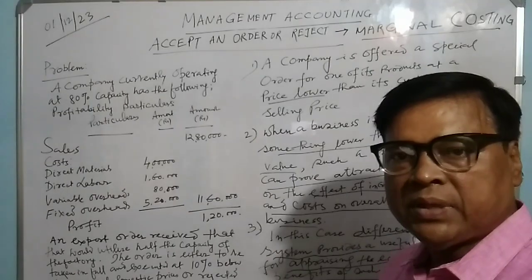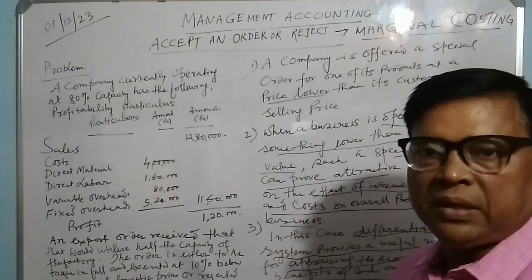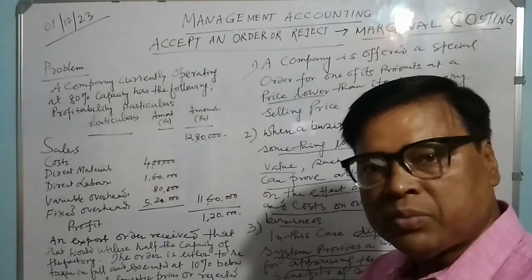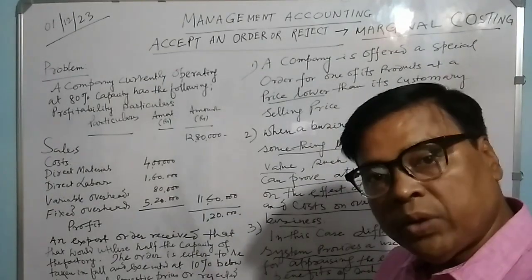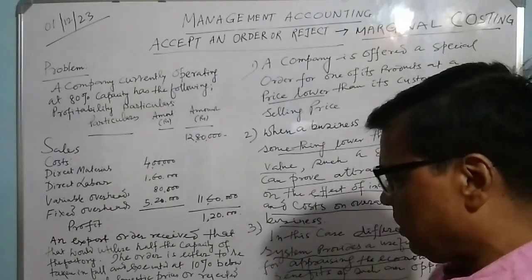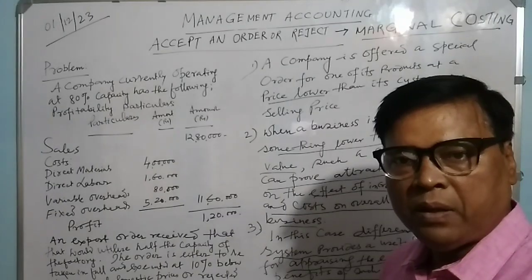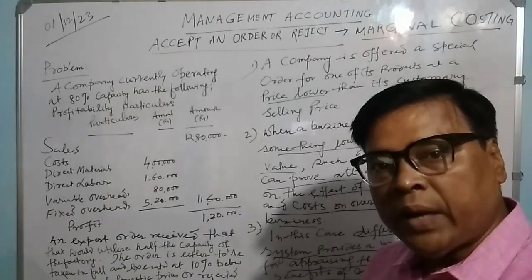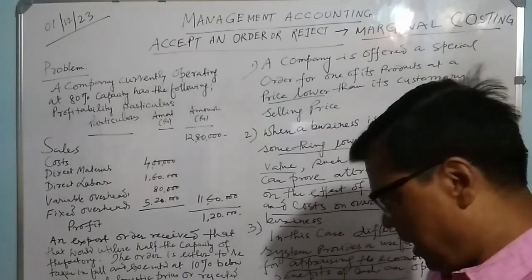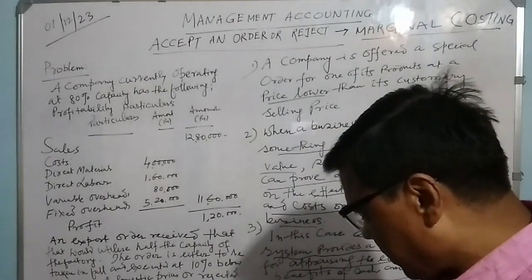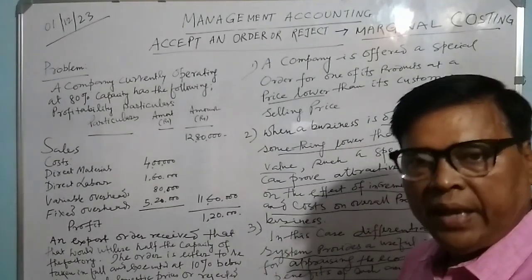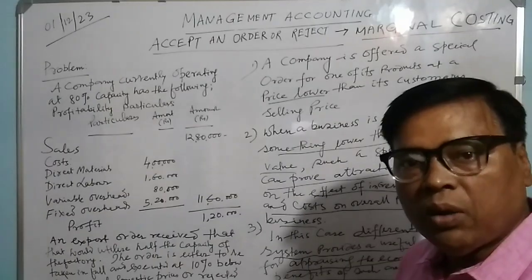You cannot tell them, sir, I will give you 30% or 40%, you can take some portions from some other person. No, you have to execute in total. At the same time, once your total sales volume increases, you have to compromise 10% below the normal domestic prices in case you execute the order.